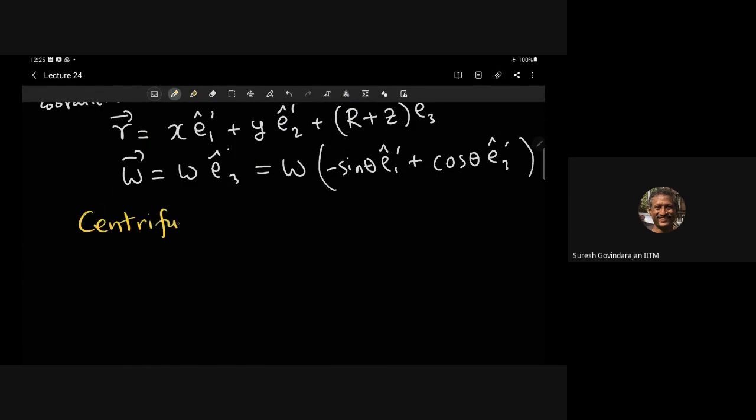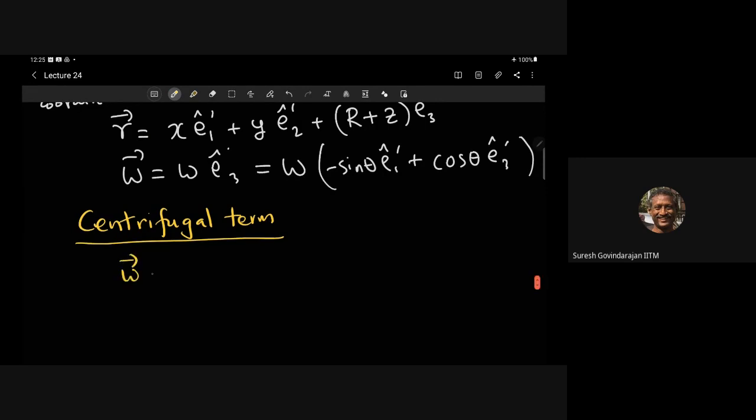I want to compute this. What is the centrifugal term? It is just omega cross omega cross R.